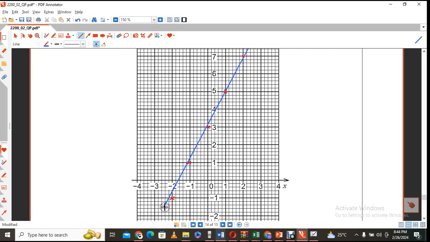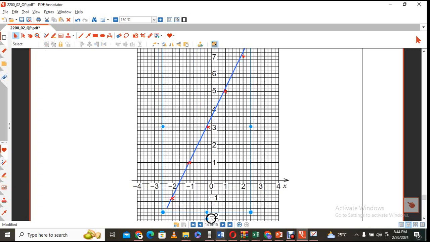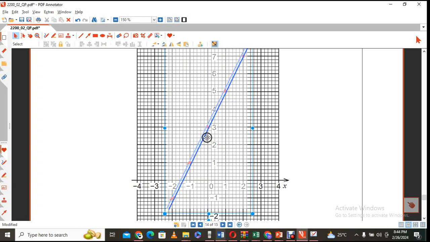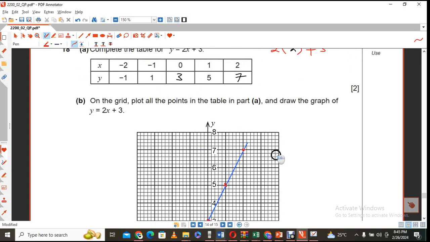Of course, there is a slight problem with my line on this side. I'll just remove it and draw it over. Good. So that is my line.